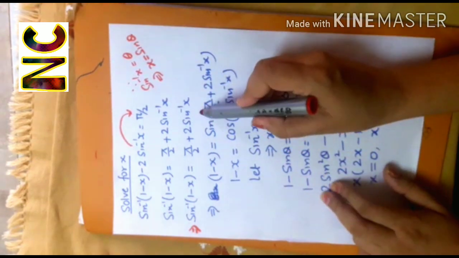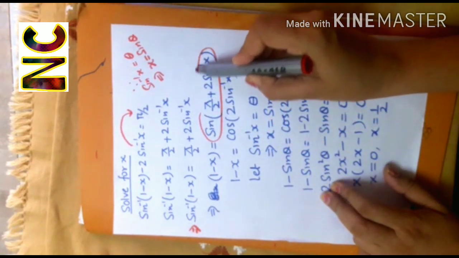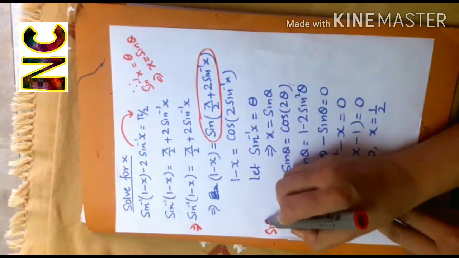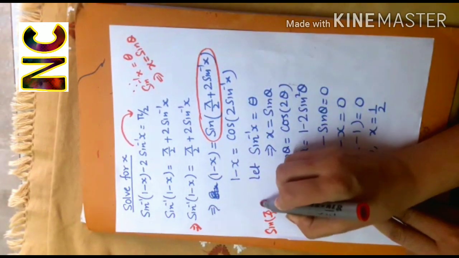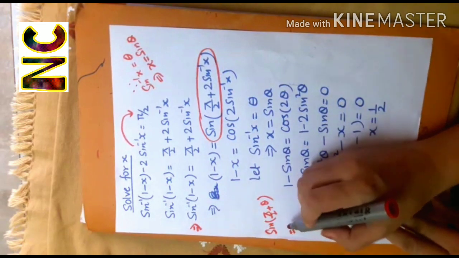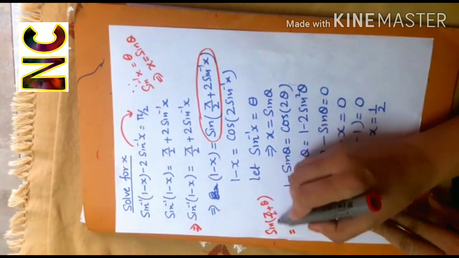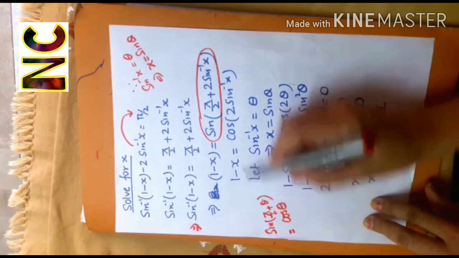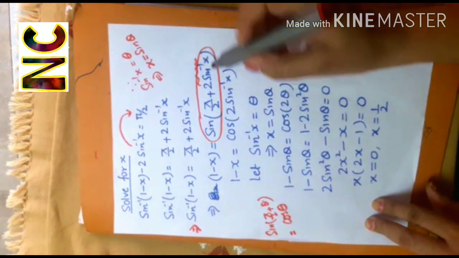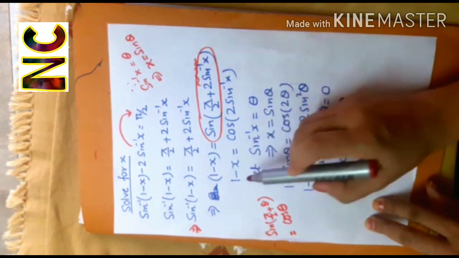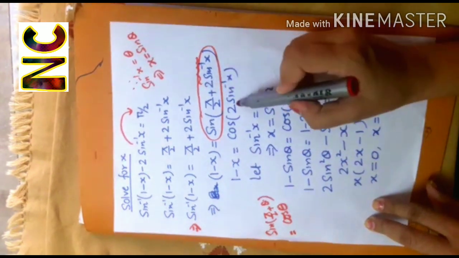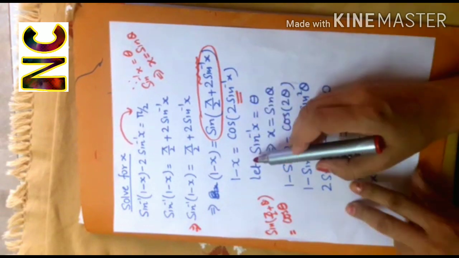Now this is of the form sine (pi by 2 plus theta), and this is equal to cos theta, and the role of theta is being played by 2 sine inverse x. So I'll get here cos theta, that is cos (2 sine inverse x).